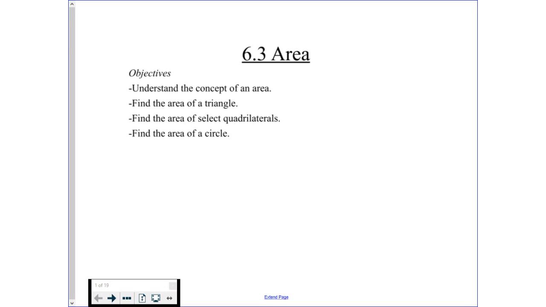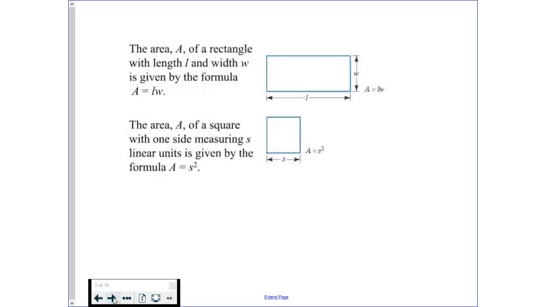From area. That means the first topic is area. Now, first, area of rectangular figures. If you have a rectangle, the area would be length times width. I hope almost all of you know this, because this is middle school math. This is just to review: area of a rectangle is length times width.